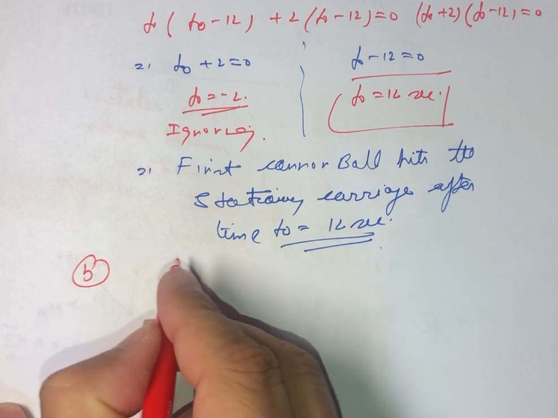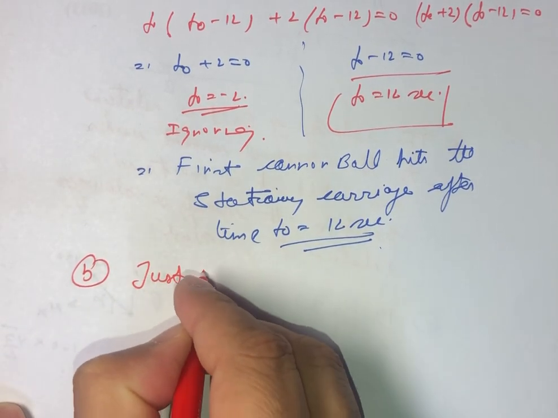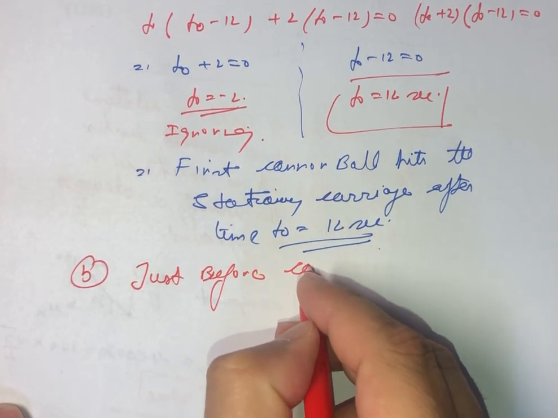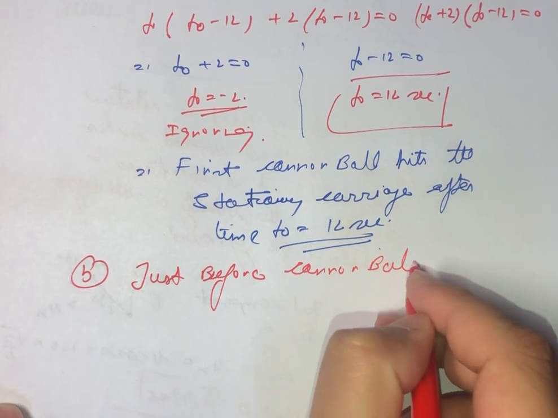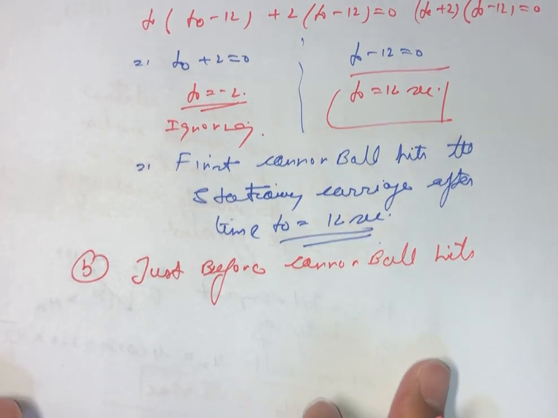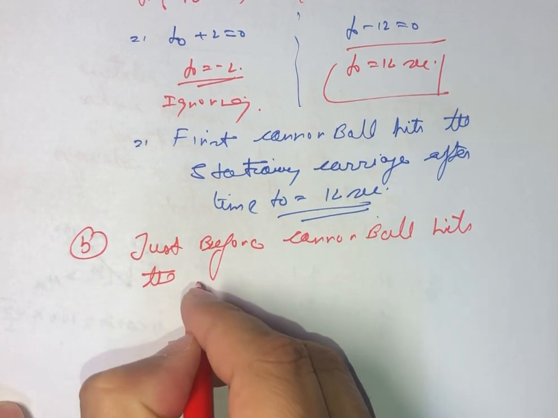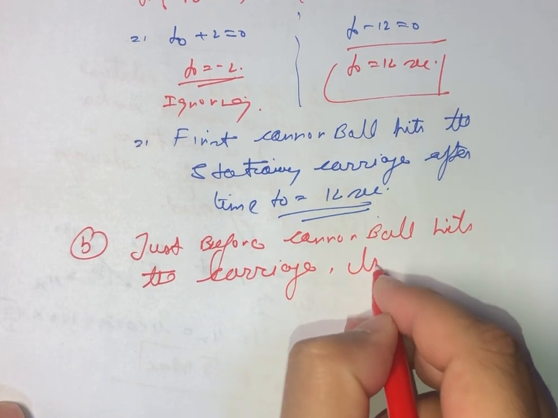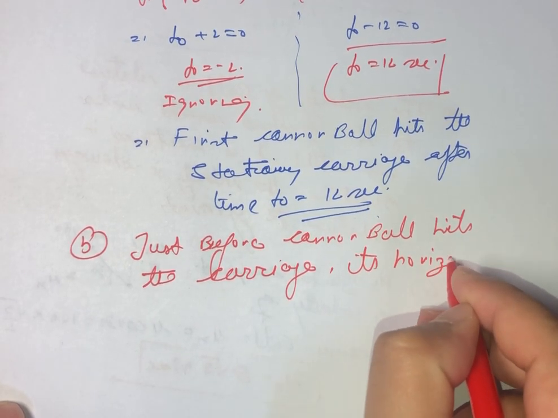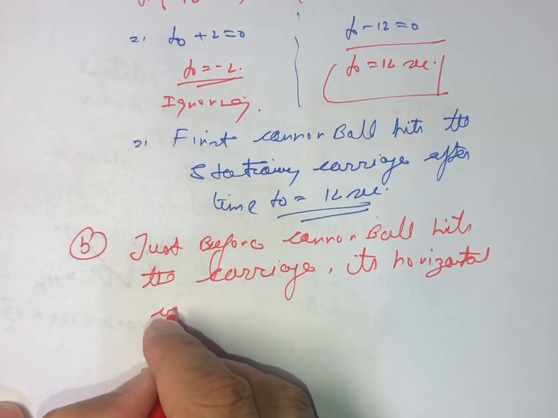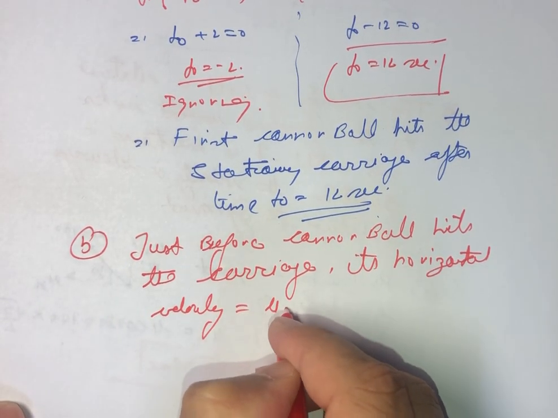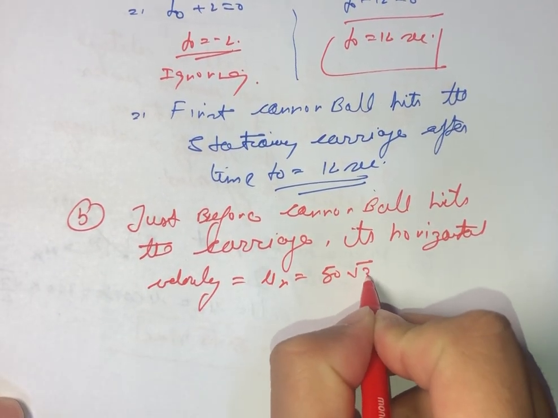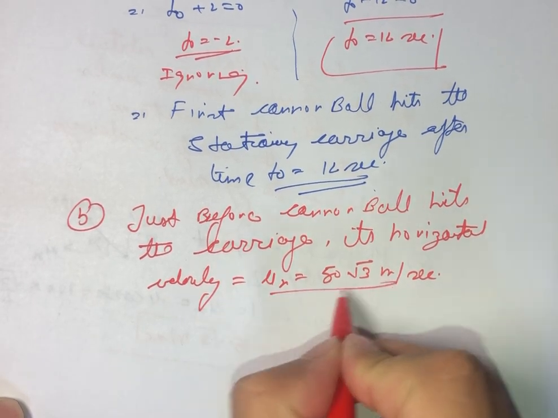Therefore, we can say just before the cannonball hits the carriage, its horizontal velocity will be equal to ux, which we already calculated as 50√3 meters per second.